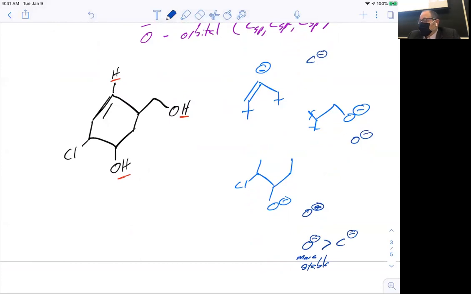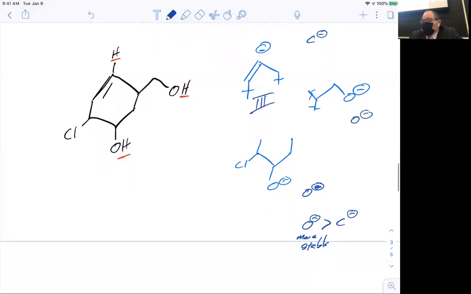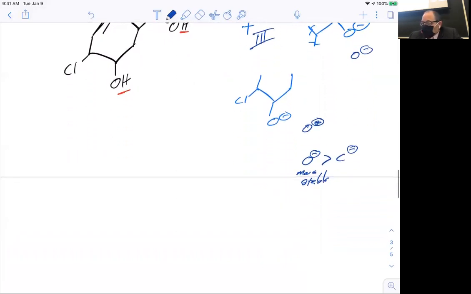Right? So right off the bat, that would put this one at 3. Right? Then do we have resonance anywhere? Now, sometimes whenever people see negatives on an alkene like this, there's a consideration, well, that one must have resonance. Let's look at the orbitals, right?